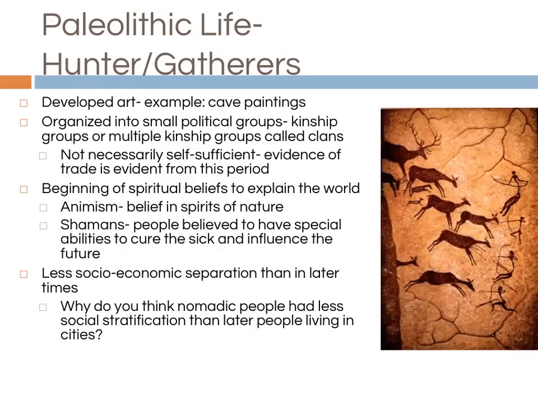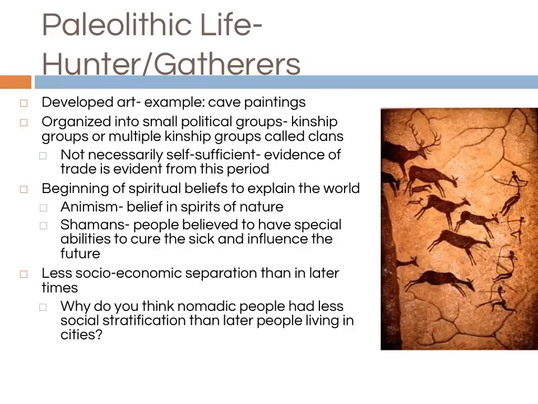They were not necessarily self-sufficient. So there is evidence that some Paleolithic people traded. We know when people trade if archaeologists find resources in a place where those resources are not native. So if they can't be found there naturally, people had to have traded for them from somewhere else.